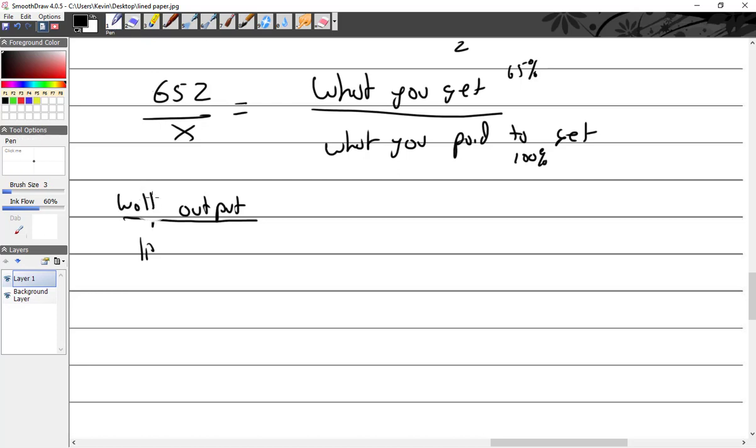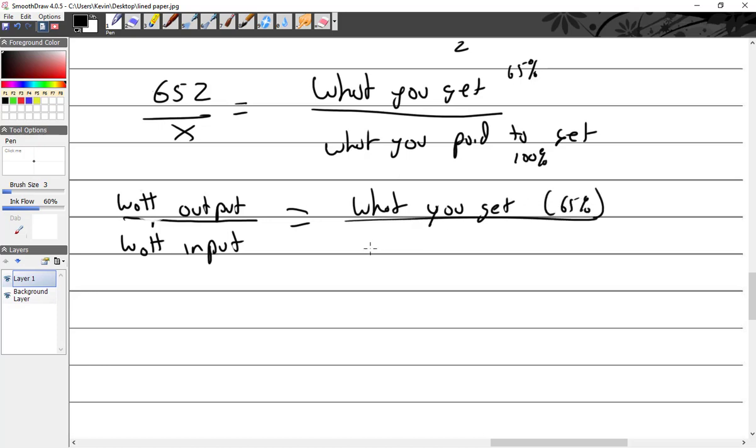Watt output over watt input equals what you get, that was 65%, versus what you paid to get, which is 100%. But if you know the ratio formula that you gave us, you can make this up on the fly.